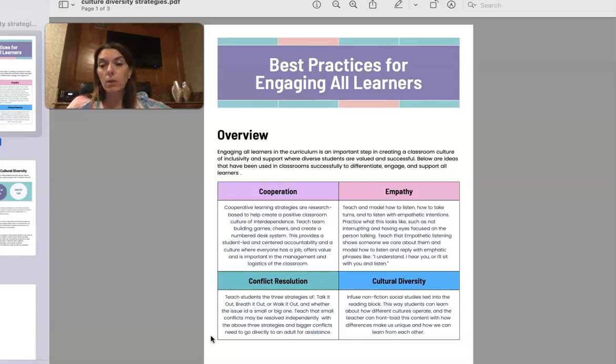Cultural diversity, we try really hard. I know in Florida, social studies is kind of pushed to the side. It's not necessarily standardized, tested yet. And it's just pushed to the side.